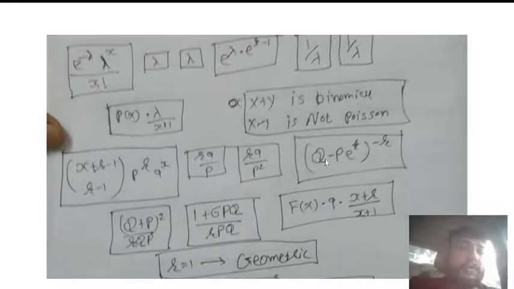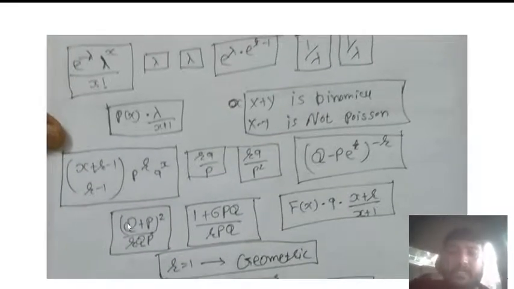So you can get this moment generating function in terms of small p and q also, if you put 1 upon p in place of capital Q, and 1 minus q in place of capital P.